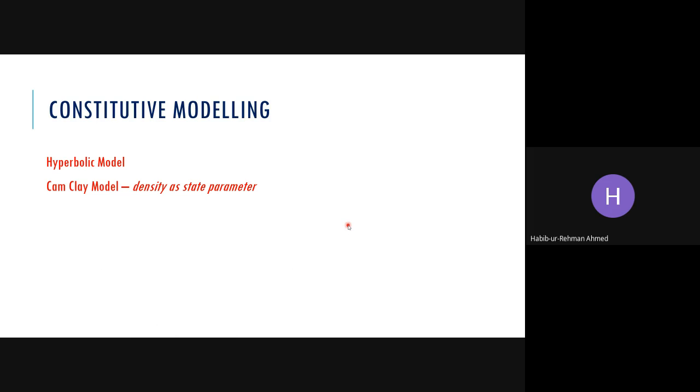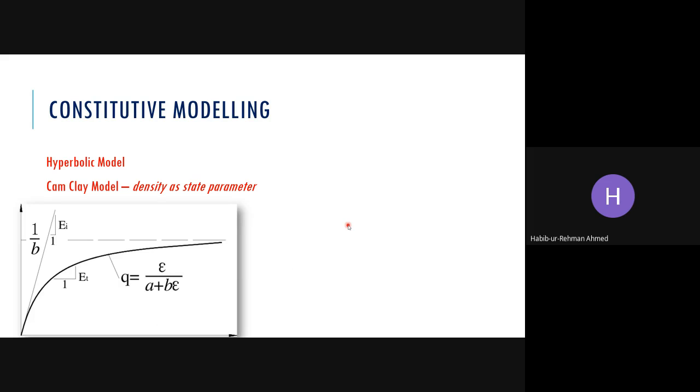Now, what type of models do we usually use in soils? The first model, which is the next step after Mohr-Coulomb, which is elastic, perfectly plastic, is the hyperbolic model. If I follow this pointer, you can see elastic, and this is perfectly plastic.